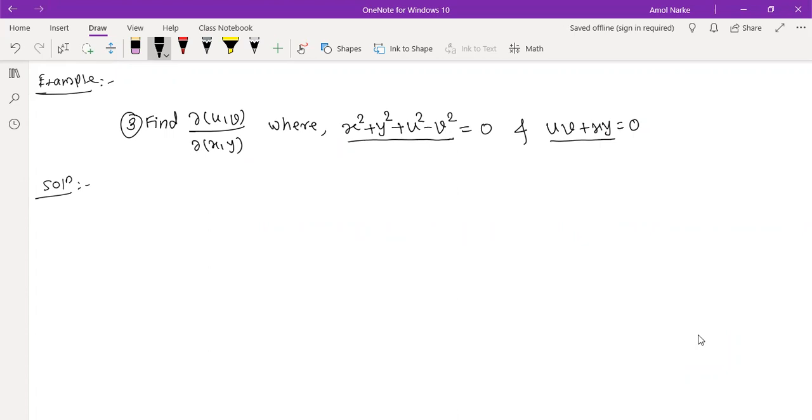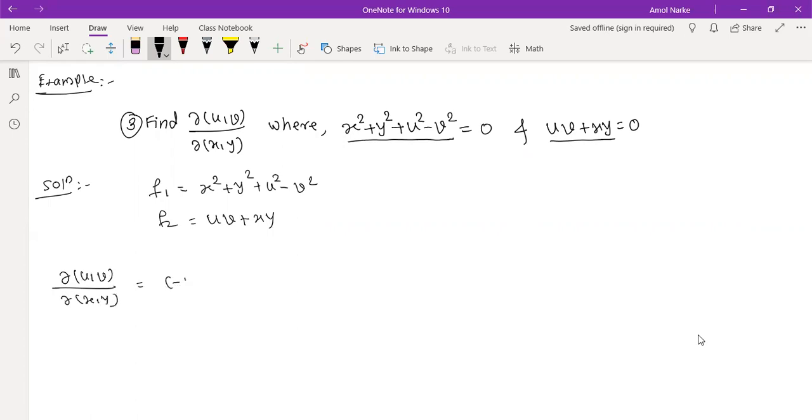So u, v with respect to x, y. I assume that my f1 is equal to x square plus y square plus u square minus v square, and my f2 is equal to uv plus x and y. So I need to find the Jacobian of u, v with respect to x, y.